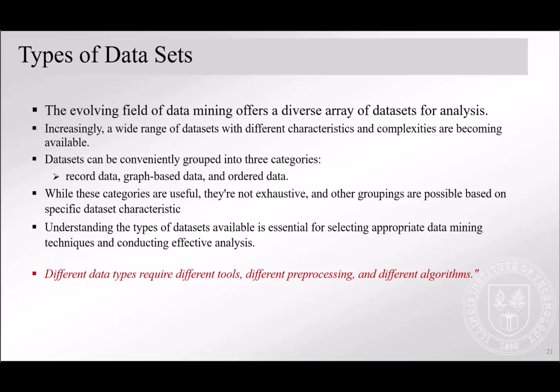These categories aren't exhaustive. You will also encounter text, multimedia, streaming, and sensor data. So different groupings are possible depending on the characteristics you focus on. The key point here: understanding your dataset type helps you choose the right tools, the processing steps, and algorithms for analysis.